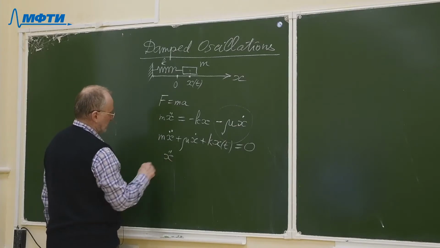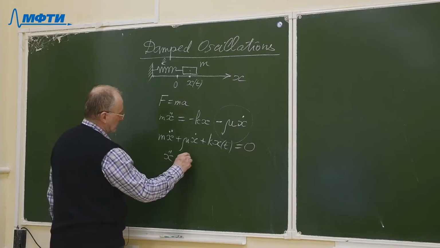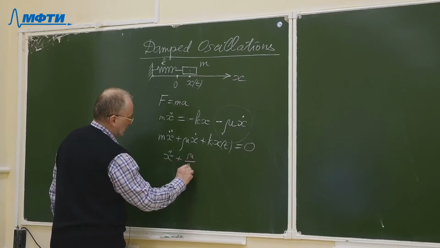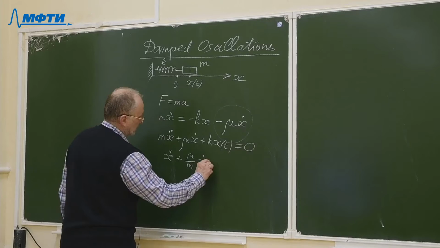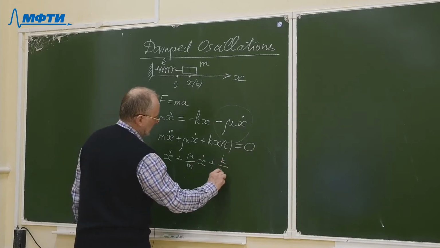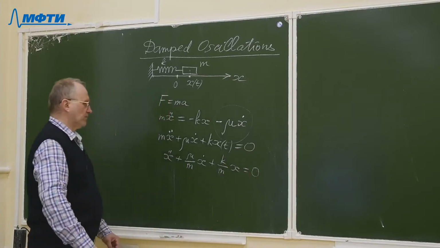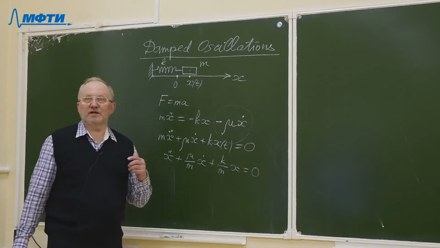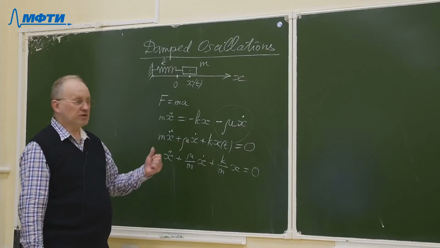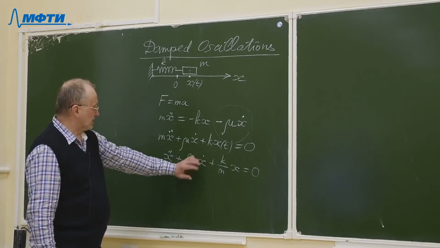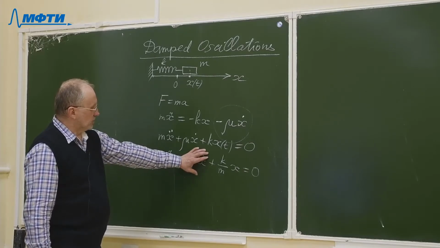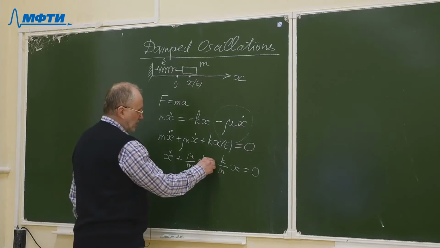So we will obtain x double dot plus mu divided by m x dot plus k divided by m x equals 0.